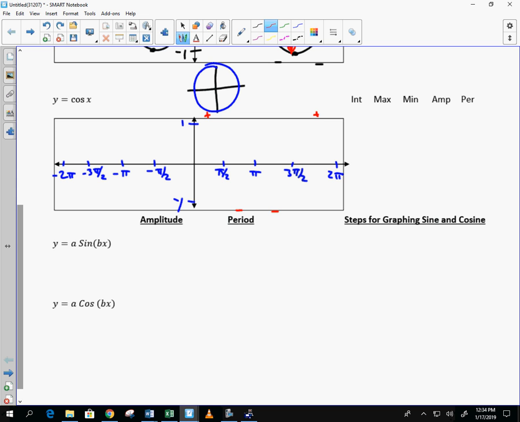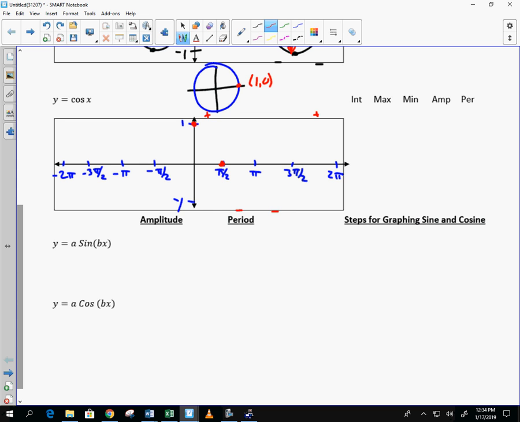Let's start with 0 radians. What is the terminal point? What is the x value of the terminal point at 0 radians? The coordinate is 1, 0. What's the x value? 1. What is the x value of the terminal point at pi over 2? 0.